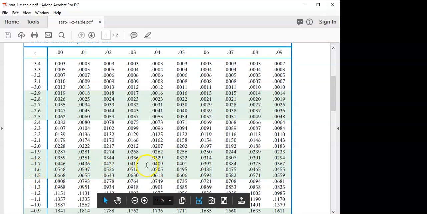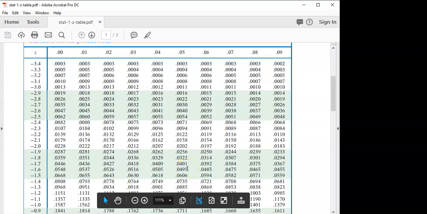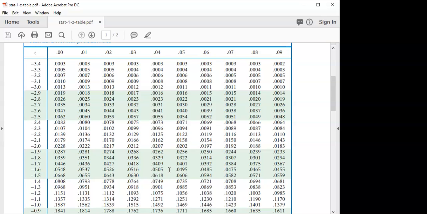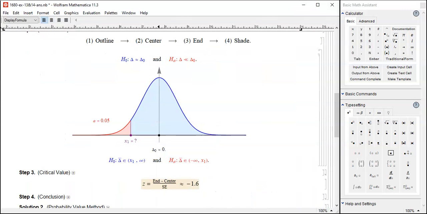So negative 1.64 if you take this column, and negative 1.65 if you take the second column. Somewhere in between, and the difference is the same, so let me estimate it as negative 1.645. Negative 1.645.